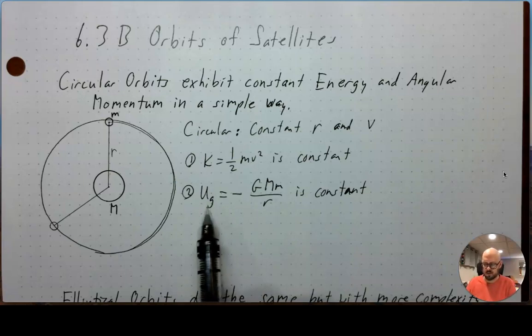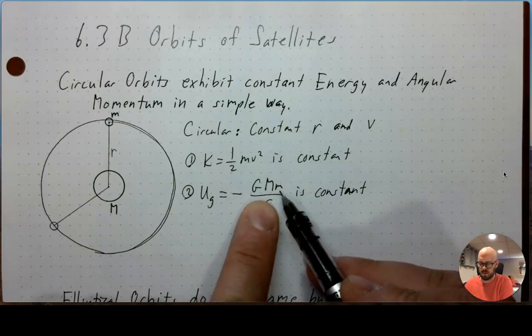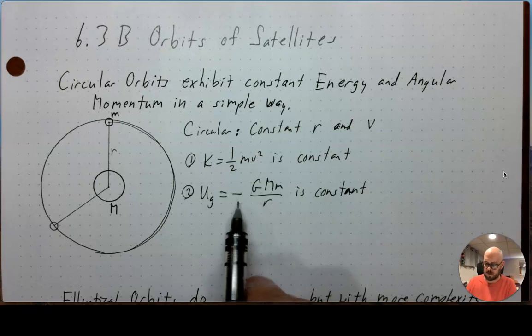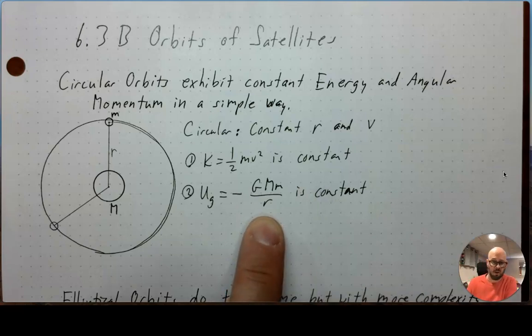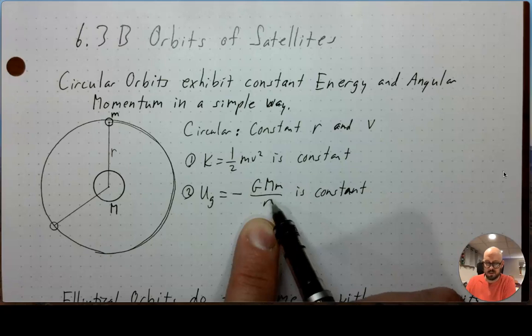This equation has a maximum value of 0. If you take two masses and increase their distance apart until that distance is essentially infinity, you've arrived at 0 joules of gravitational potential energy. At all other smaller values of r, the value of gravitational potential energy is negative.